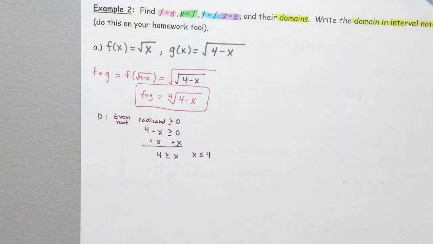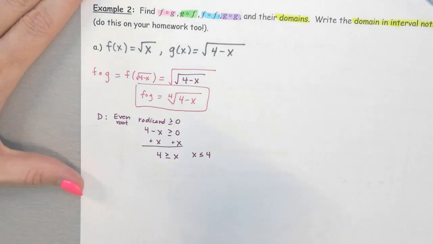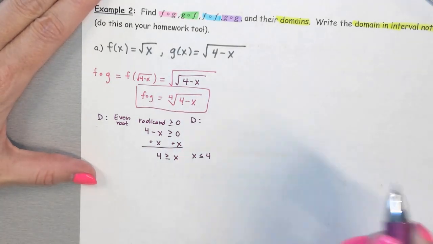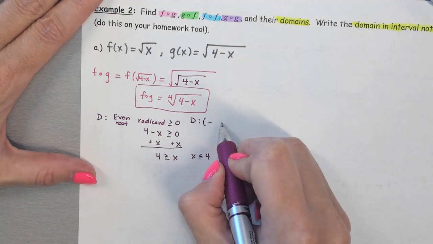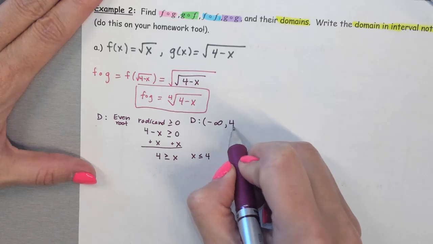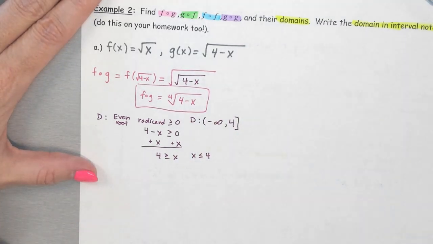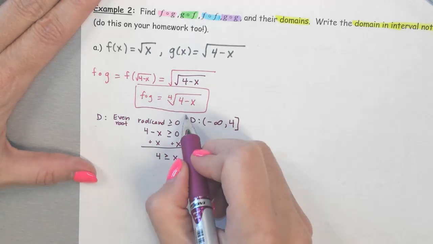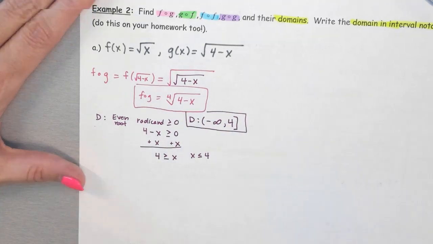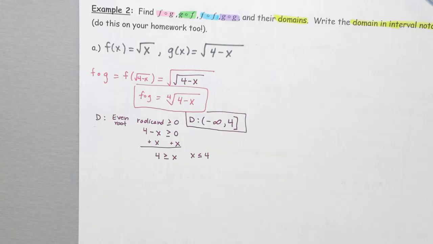When you're writing that in interval notation, if you want to do a number line so you can have that visual, that is fine. And then your domain is just going to be negative infinity to 4. And then because you have the equal to, it will include it. So you're going to have a bracket there. So this is your domain for f of g.